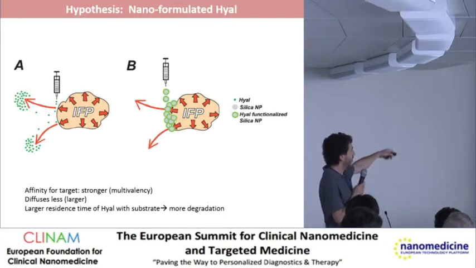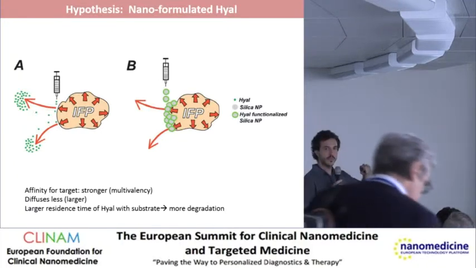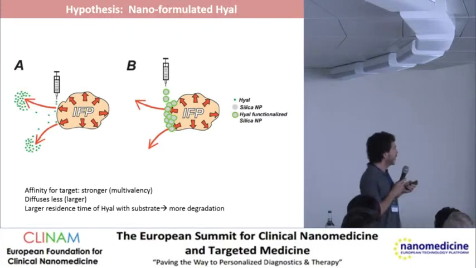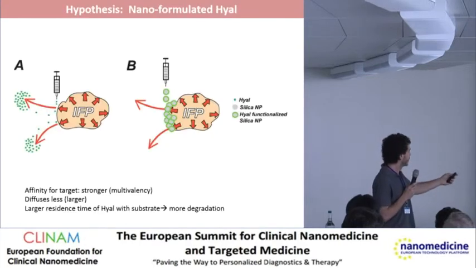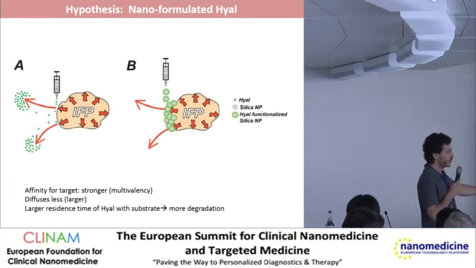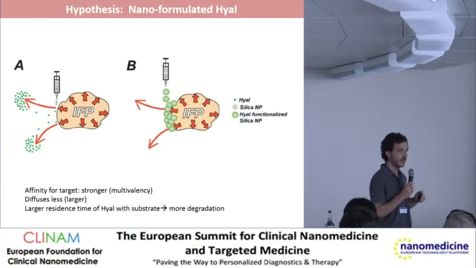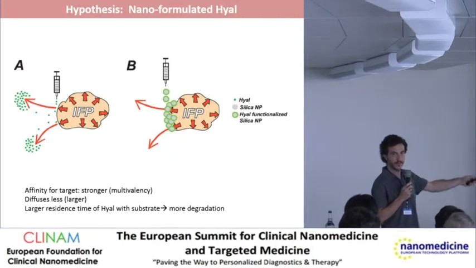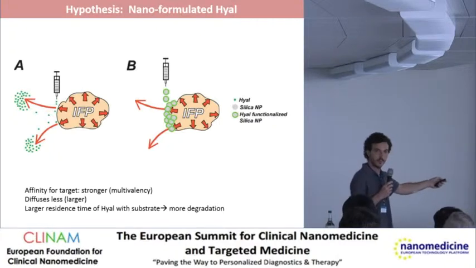And we came up with the idea of doing a new formulation of this enzyme, a nano formulation of this enzyme. And why? Well, the idea is that if you have a large particle with many enzymes on the surface, that will have a much larger affinity for the substrate, for the target, than the enzyme alone, because of basically the multivalency effect.